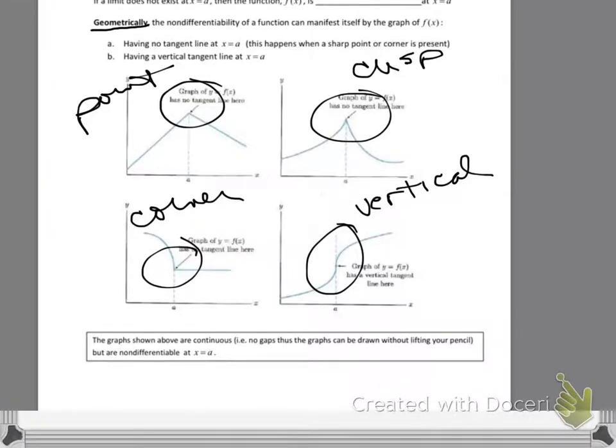All of these functions are continuous, but they're not differentiable because of the features embedded in the function. So vertical line, corner, cusp, and point are all geometric features that make the function not differentiable at the occurrence of those events. Let's talk about continuity on the next page of notes.